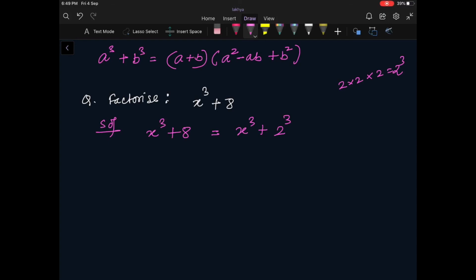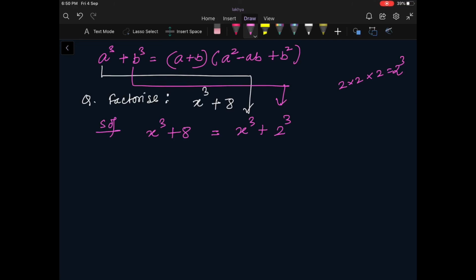So now consider x cube as a cube and 2 cube as b cube. What we have done here is that we have considered x cube as a cube and b cube as 2 cube.